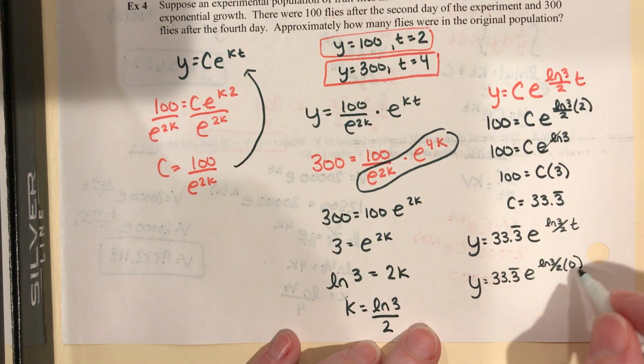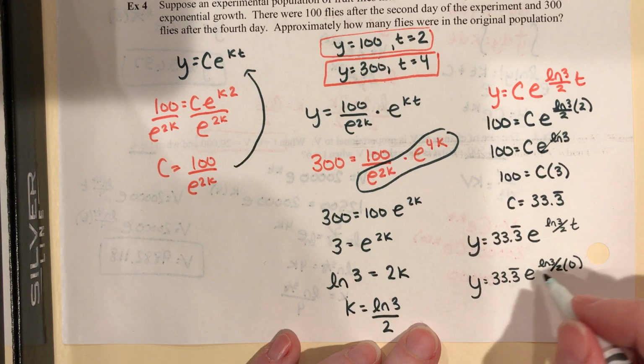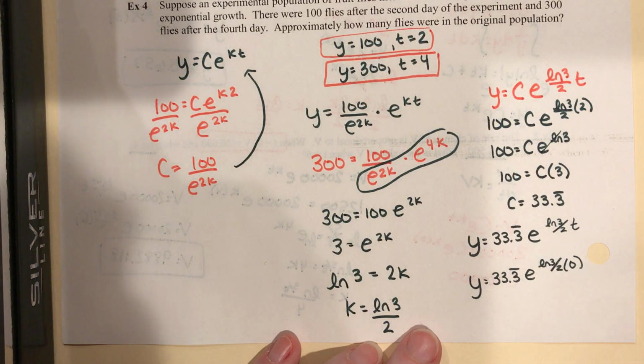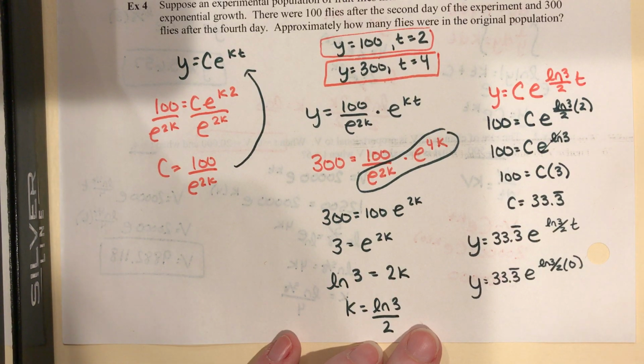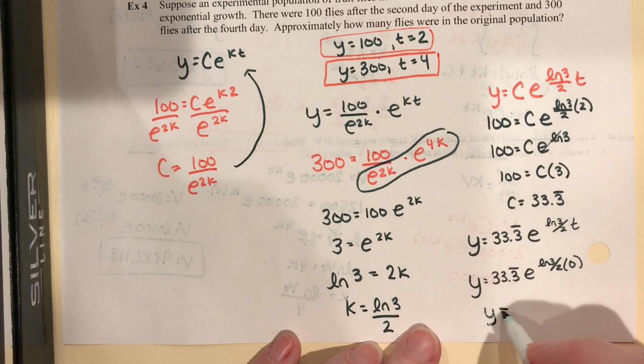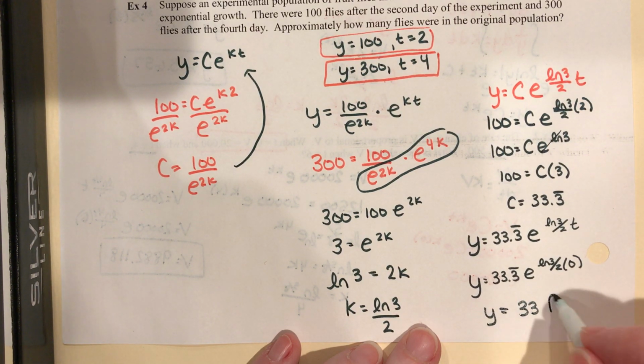And this would give us 1. So our original population is approximately 33.3 repeating. But we always round when we have people or animals, so I'm going to say that's approximately 33 fruit flies.